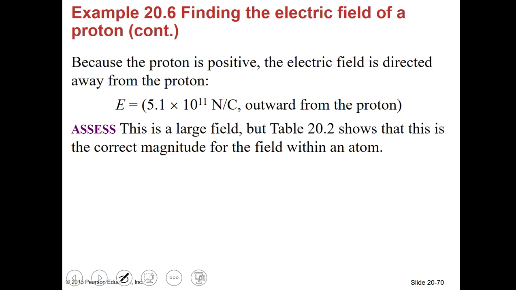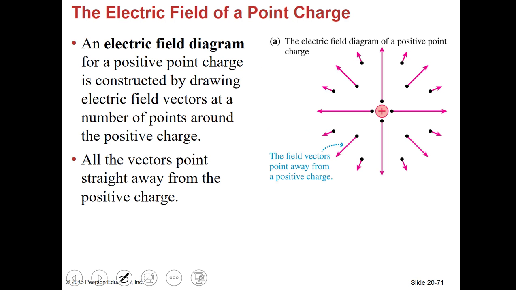Okay, excellent. That's kind of a synopsis of what I've said. So a positive charge, electric field lines point away. The farther and farther you get from the charge, the smaller and smaller the electric field is. And you can see that in this sketch too. That's smaller than this because we're farther away.